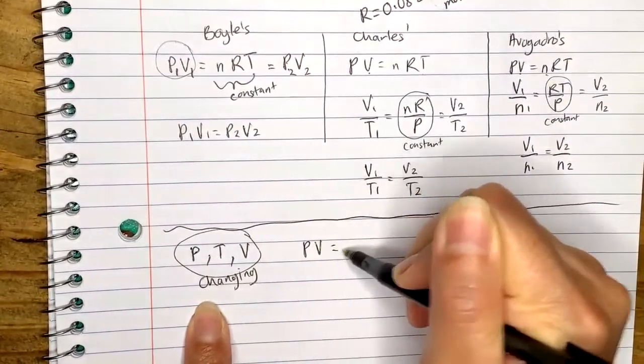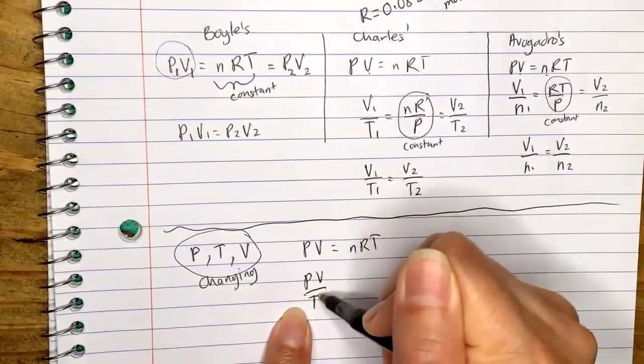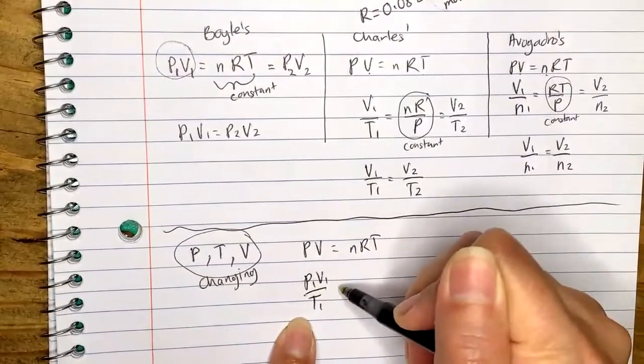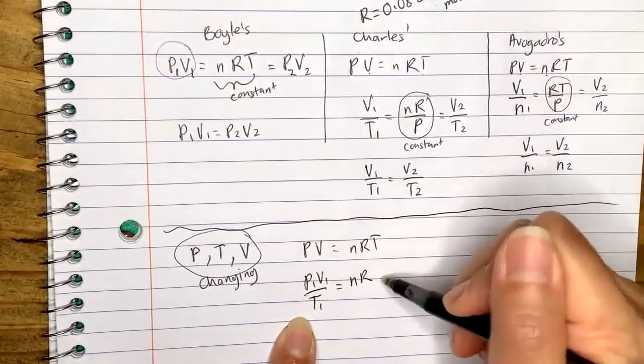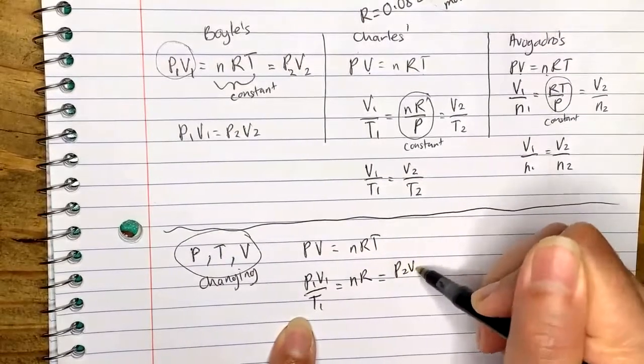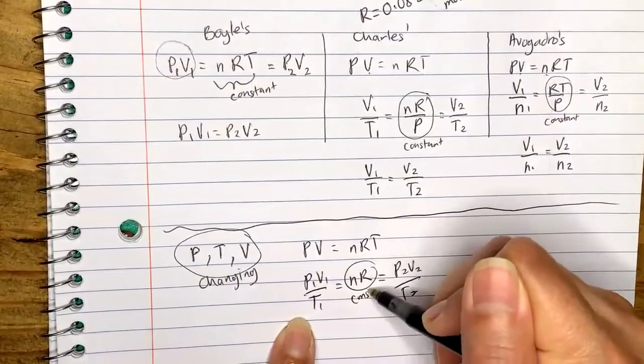So PV equals nRT. My formula would be PV over T. P1 V1 over T1 equals nR, equals P2 V2 over T2. And this here is constant.